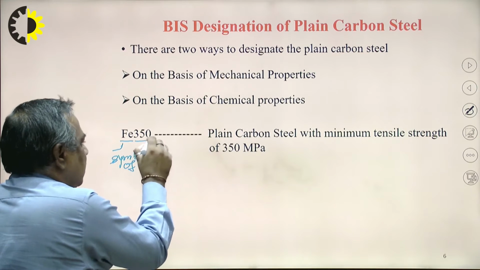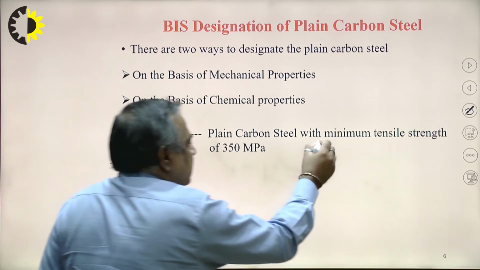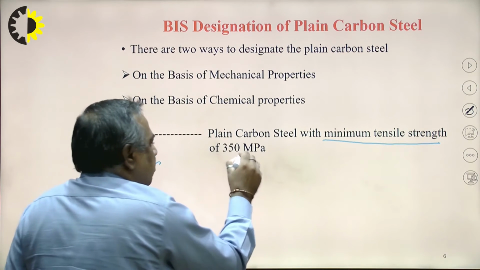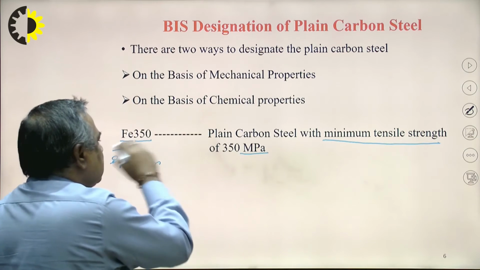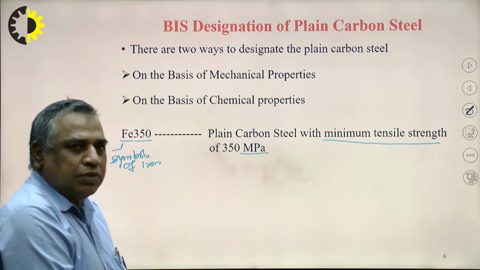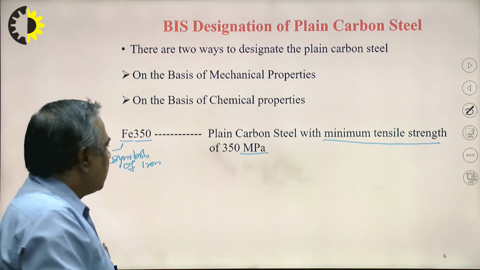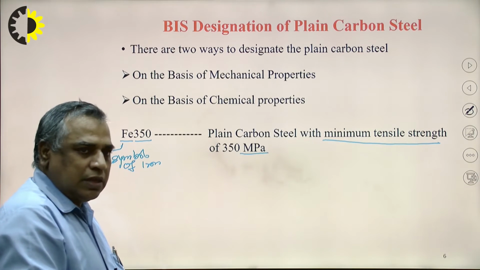And 350 is the minimum tensile strength in megapascal. This is a plain carbon steel having a minimum tensile strength of 350 Newton per mm square, or 350 megapascal.